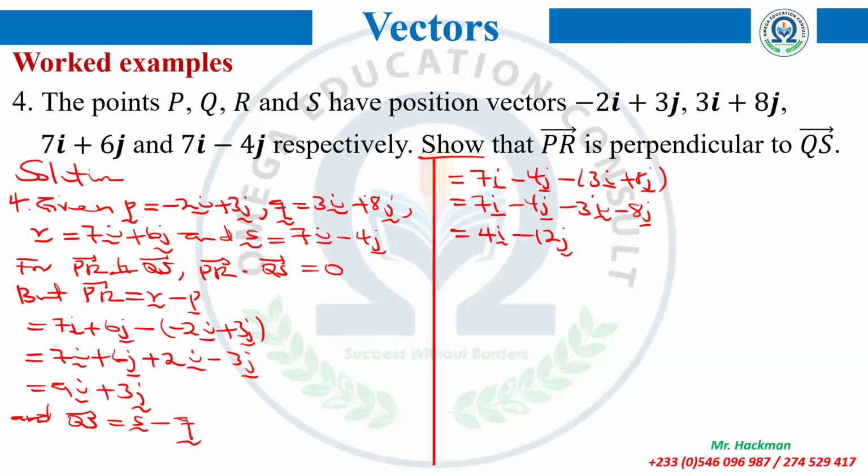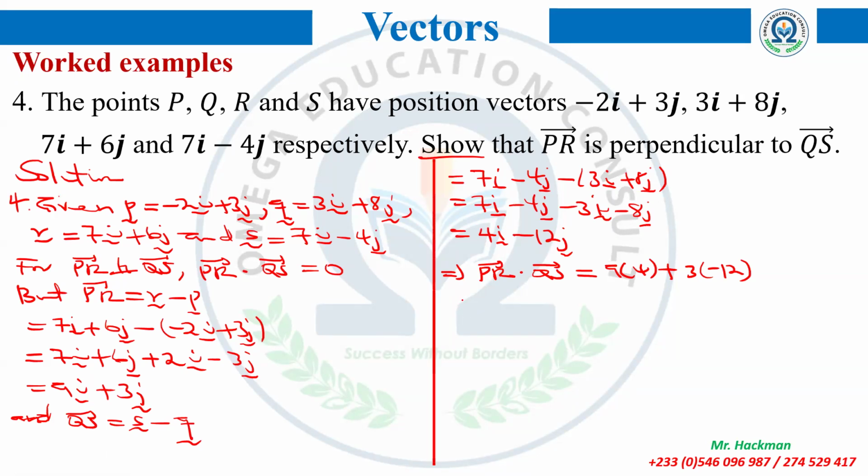Now I can write: this implies that the dot of PR and QS will be equal to, we are dotting these two vectors, 9 times 4, plus 3 times minus 12. My professors, are you following? The x components will multiply, the y components will multiply, then you add.